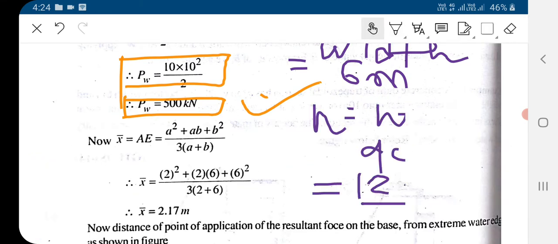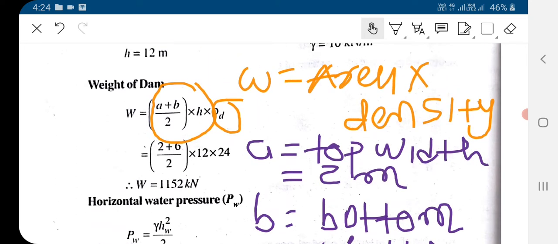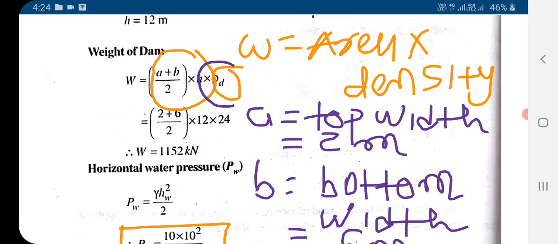So we have to put these three data in this, A is 2, B is 6 and H is 12, and the density gamma D.